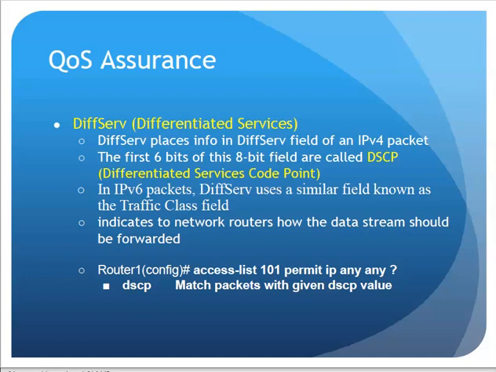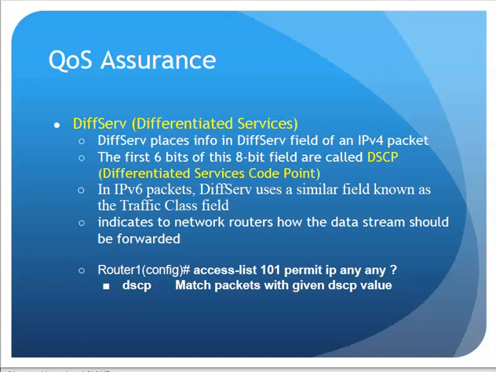So diffserv places into the diffserv field of an IP4 packet a 6-bit value. The first 6 bits of this 8-bit field are called the differentiated services code point. That can be triggered to let you know that this particular packet has priority over just web data. This IP voice packet has priority over this regular web data, if you will.